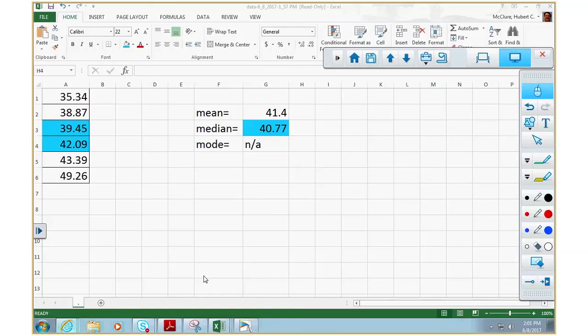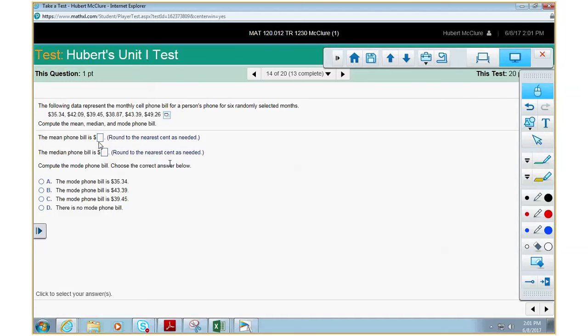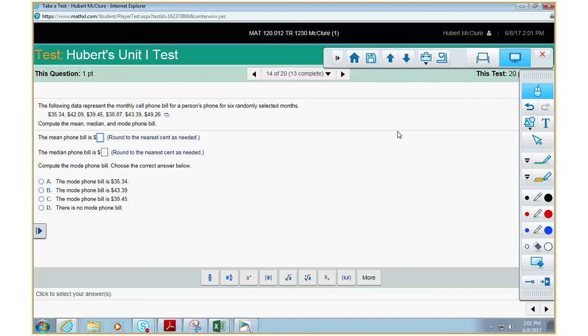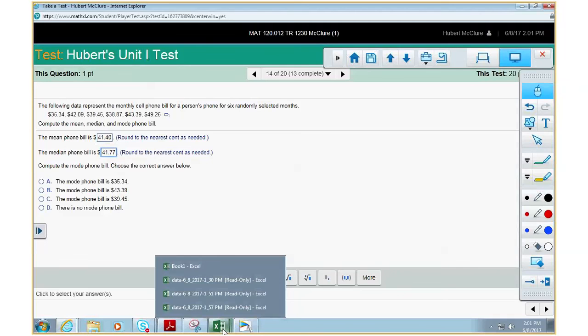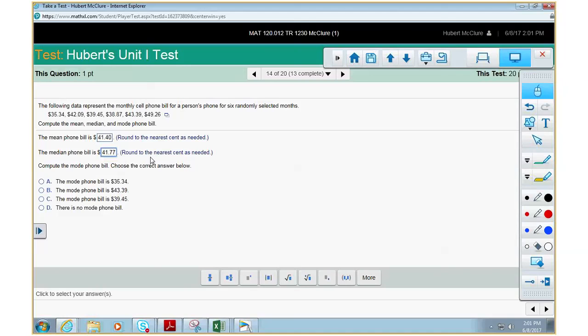Let's see. 41.48. And what was the other one? 41.77. 40.77. We'll do this together.